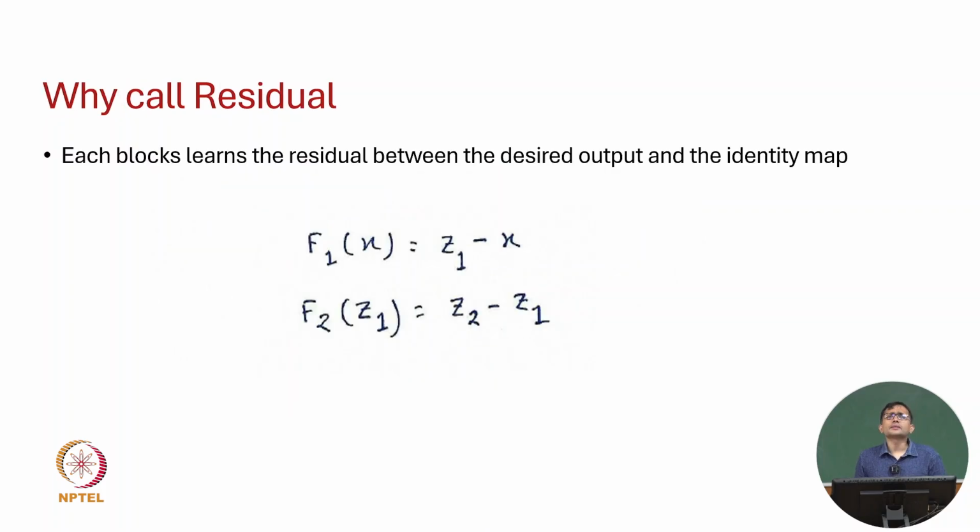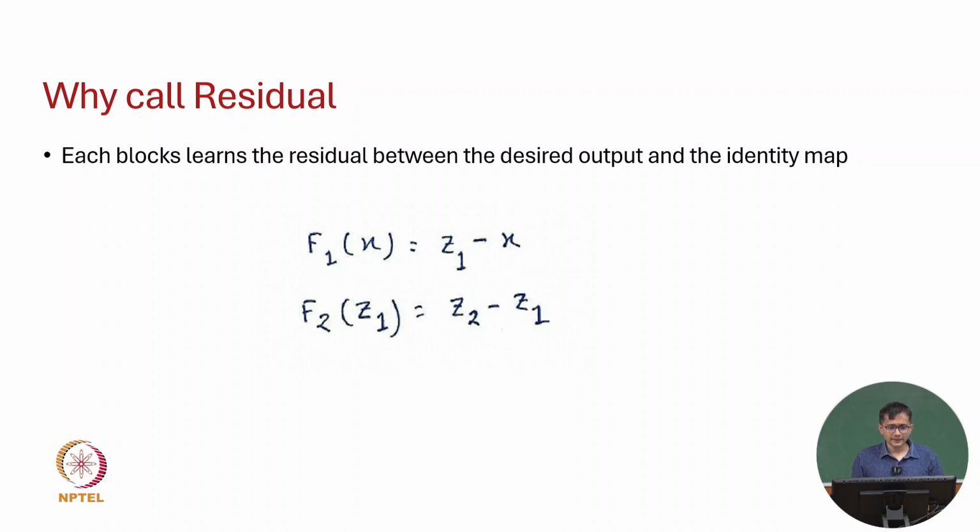So now let us think about why it is called residual. These are the equations that we had already seen in the last slide. However, we have written these equations in a slightly different manner.